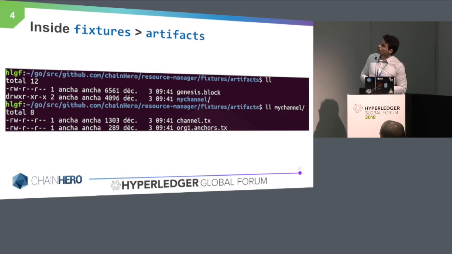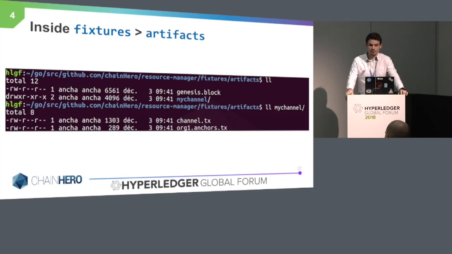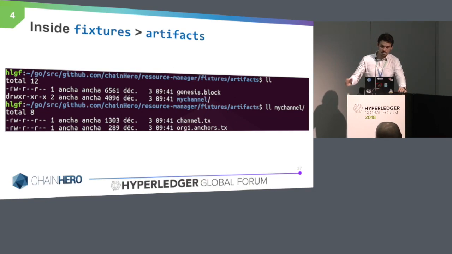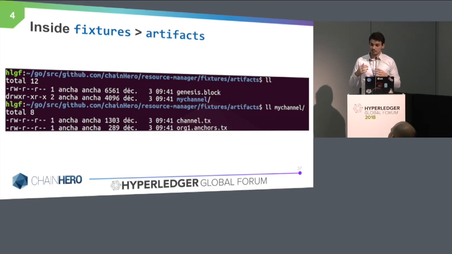Then there is a folder named My Channel that contains every piece of information for creating the channel. There is the channel.tx. It's a binary file, like the Genesis block, and it's also some configuration.